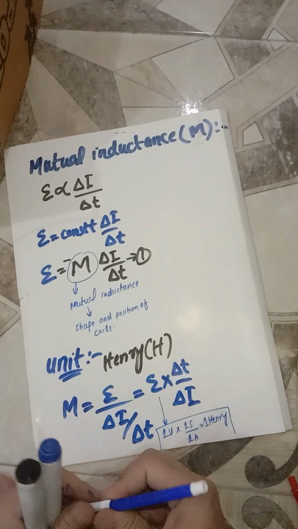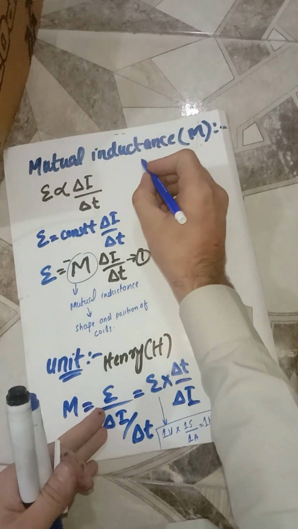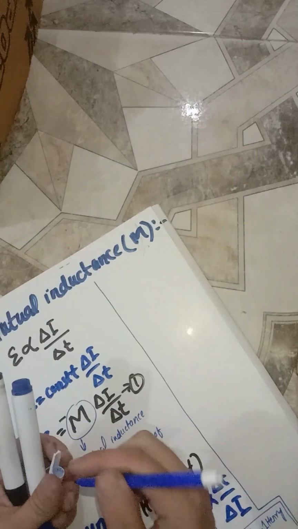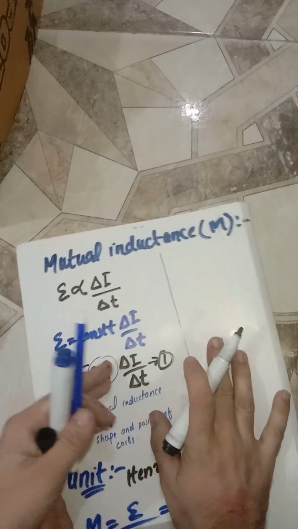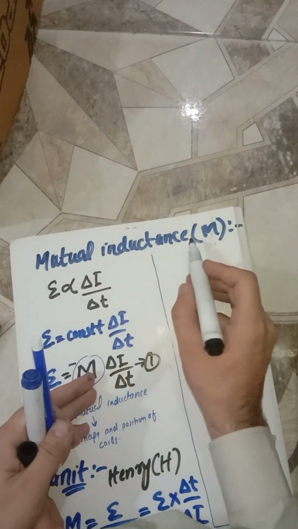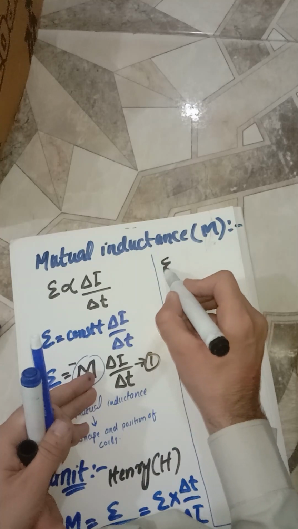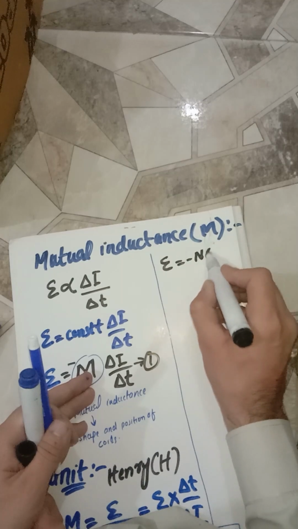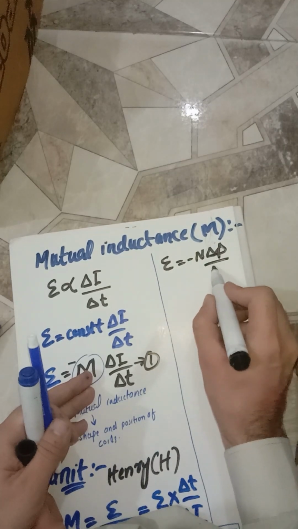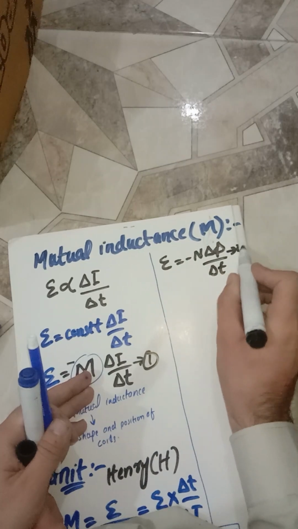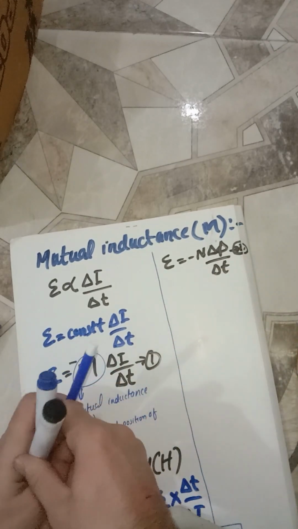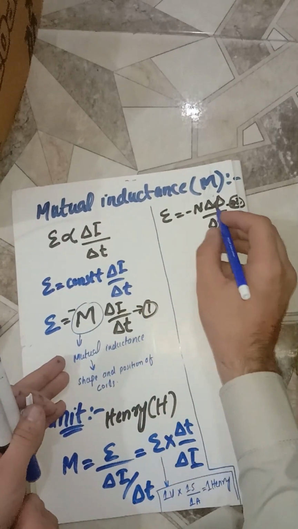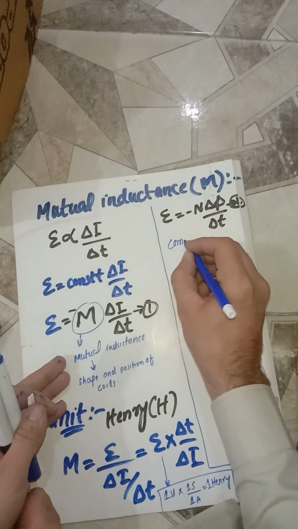Now, according to Faraday's law of electromagnetic induction, the EMF induced is equal to minus n del phi by del t, and this is equation 2. Now compare equation 1 and equation 2.